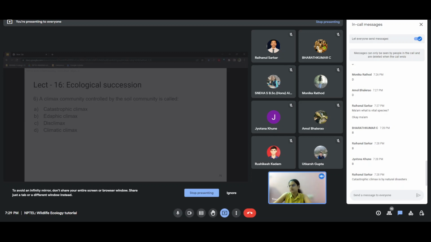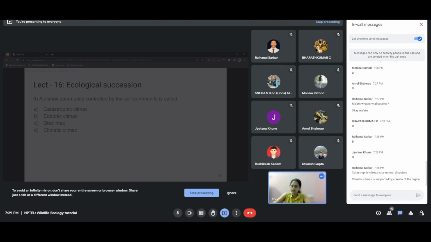Caused by natural disasters like wildfires, and then there is a rapid development or regeneration. What is a climatic climax? Supported by the climate of the region. Yes, that is correct. All right. And what about disclimax?